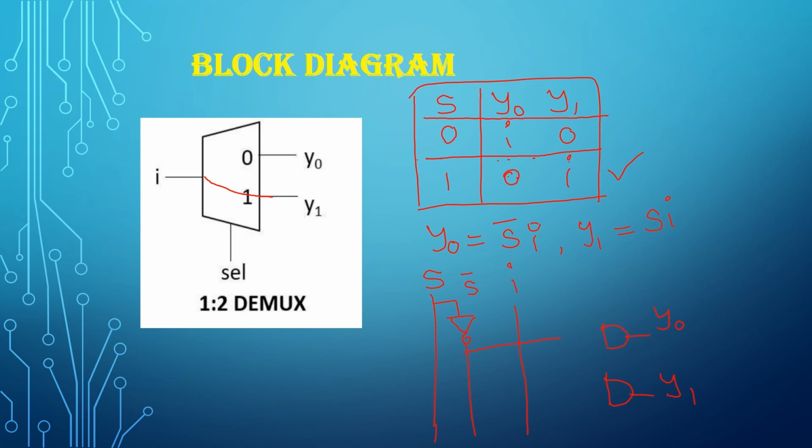So S bar into I is connected to the first AND gate, and S into I is connected to the second AND gate, and this is the simple hardware circuit. That's it about the 1 cross 2 demultiplexer. I hope you guys learned something new and useful.